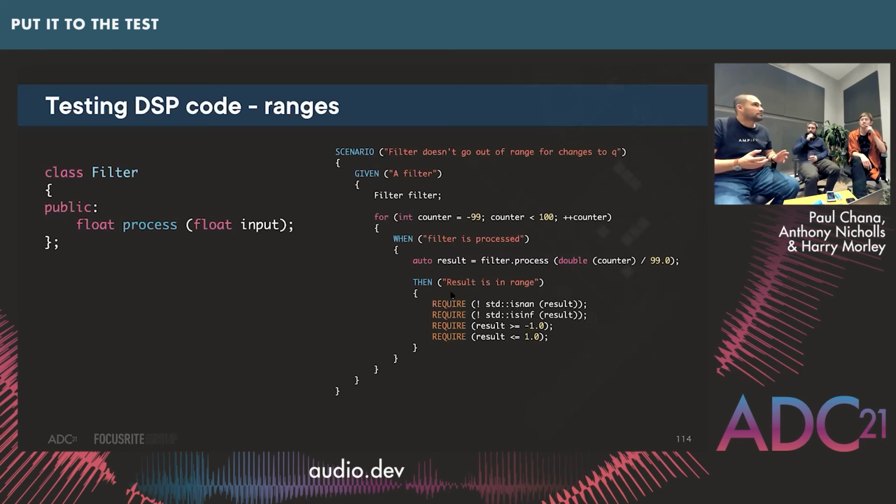And one of the things that I've done in DSP code before, especially where you have that classic problem where a user reports, if you do this with the filter, I get a nan and it dies. If you put in a bit of code with is-nan, you don't necessarily need to hear it, but the moment you hit that, you can then go in and look at the filter coefficients. But you need to take it out. You can't ship code with is-nan and is-inf checks because they're too costly.